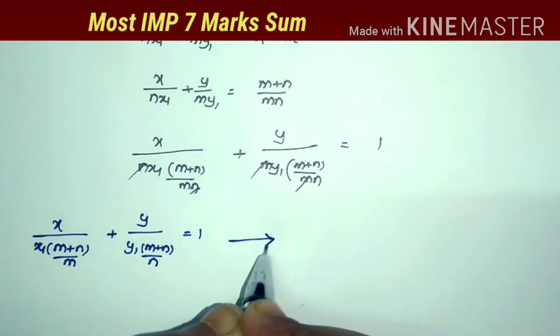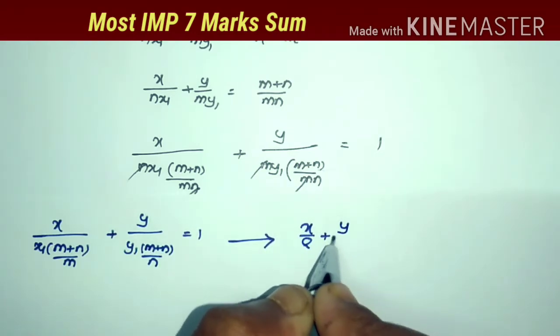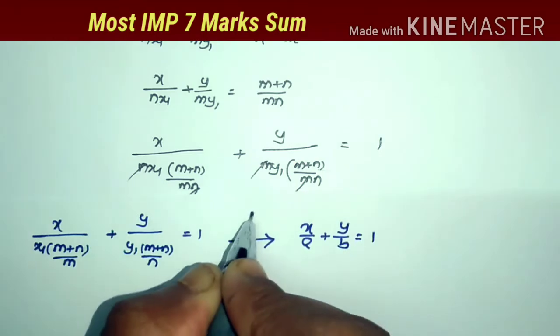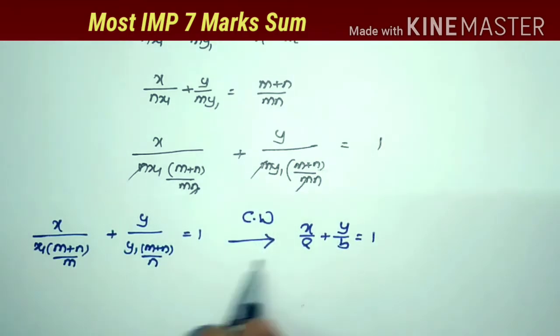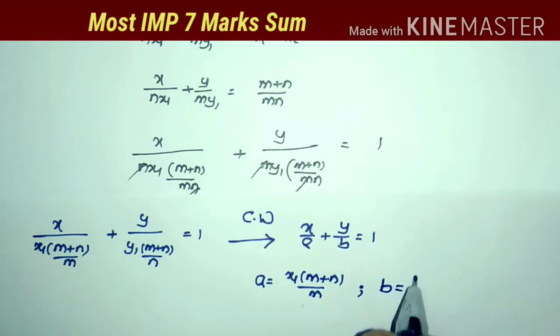Now, clearly this is in the form of x by a plus y by b is equal to 1. Comparing with this equation, what are the values of a, b? a is equal to x1 into m plus n by m, and b is equal to y1 into m plus n by n. So, these are the values of a, b.